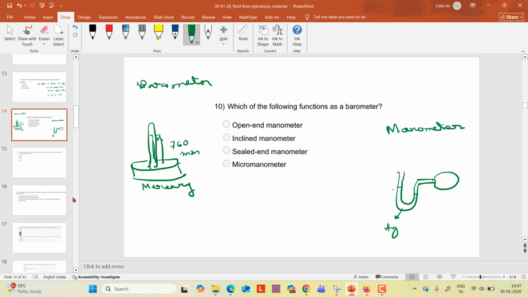If this height difference is there, that means the high pressure gas is there compared to the atmospheric pressure. And if the difference is low, that means in the tube, this mercury is in this position, then there is low pressure gas there. Okay, so which of the following functions as a barometer? The sealed end manometer is called the barometer.